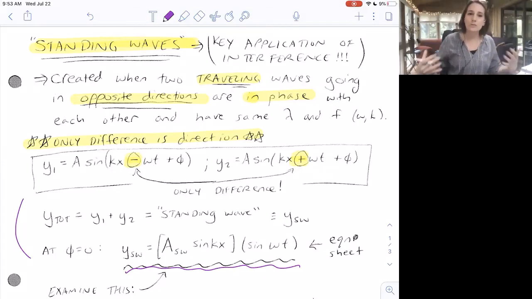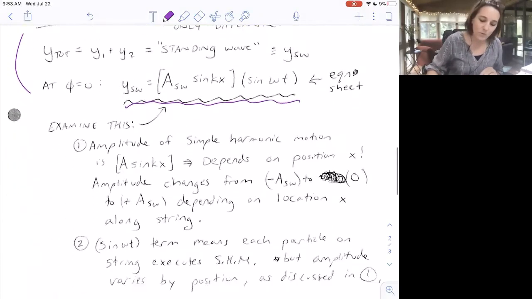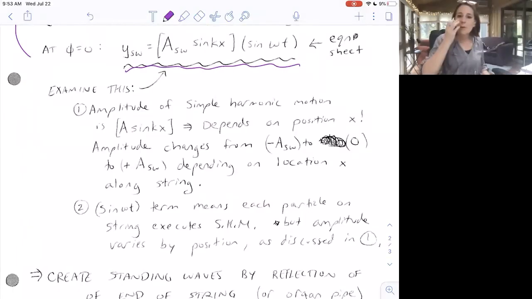What matters is that you know that standing waves get formed when there are two traveling waves traveling in opposite directions. Now, the simplified result is useful because it allows you to see the differences that happen as a function of where you are along, say, a string.